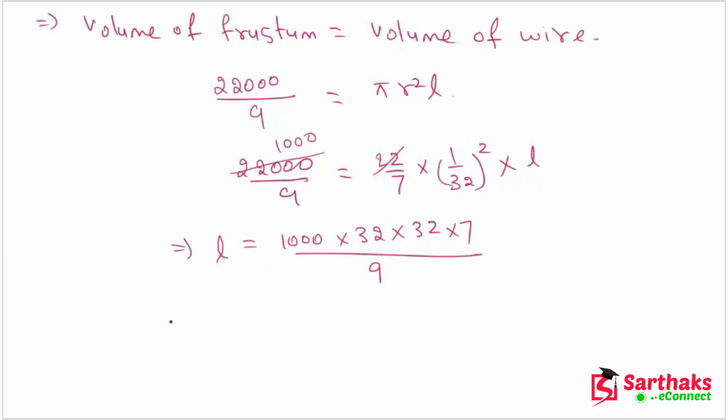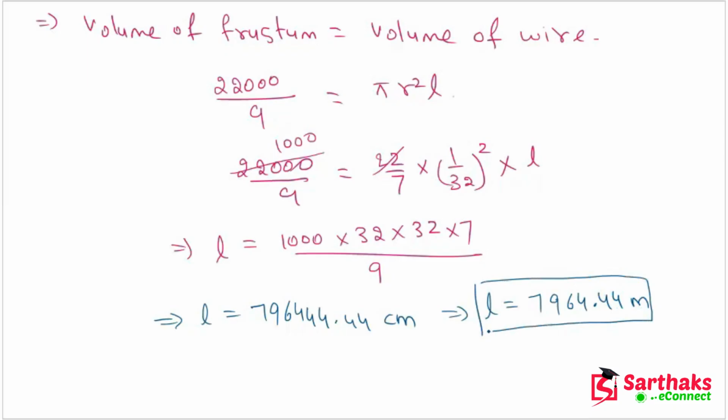After solving this, we get L equal to 796444.44 centimeter. Now we have to convert it into meter. So we get L equal to 7964.44 meter. This is our length of the wire.